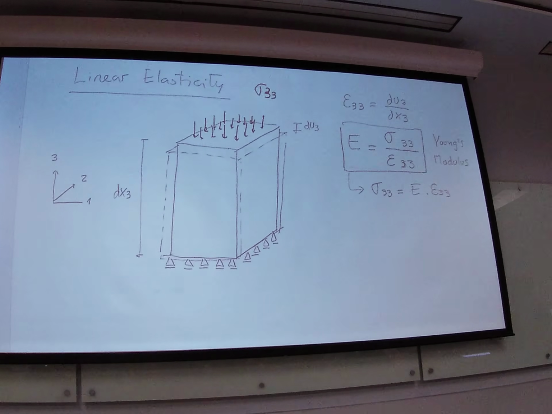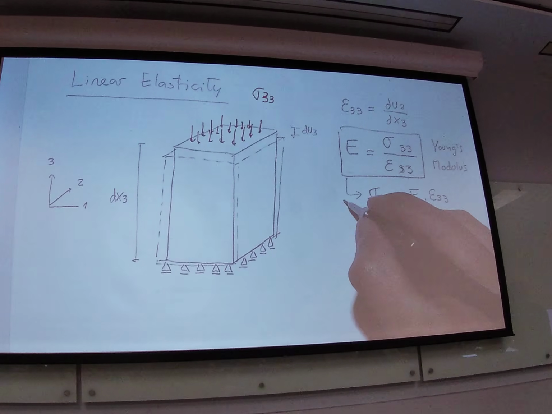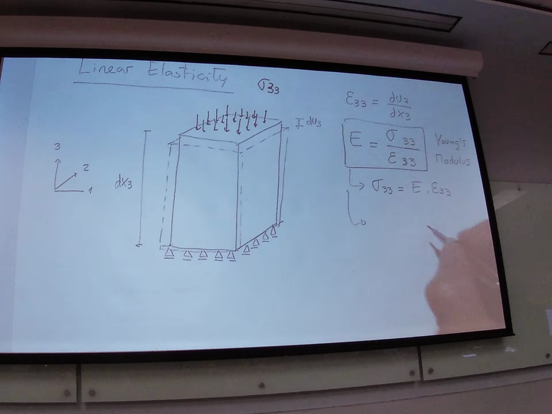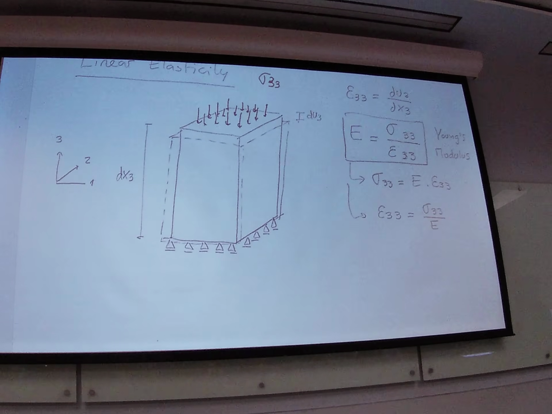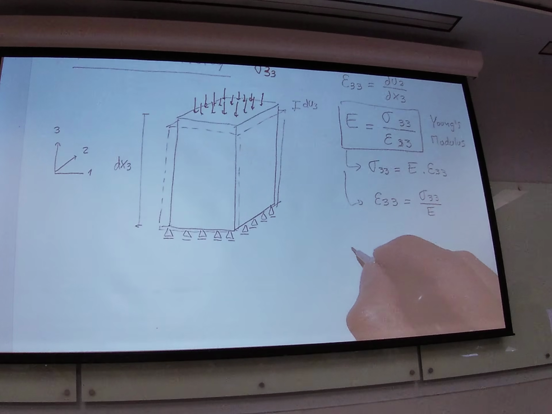Okay, before we go to the experiment, we were talking about the Poisson ratio, right? Now we have a way to quantify what would be epsilon 33 if we know sigma 33. For example, if we knew the Young modulus and we knew what stress we applied, this is going to be simply the stress divided by the Young modulus. Okay, second definition is the Poisson ratio.